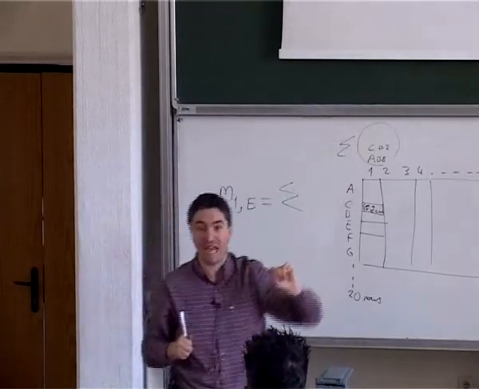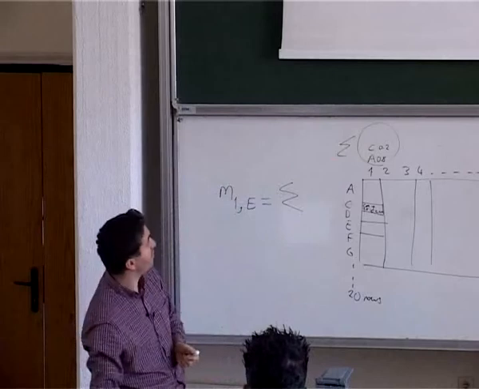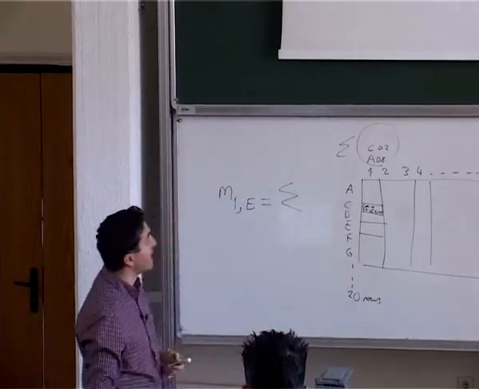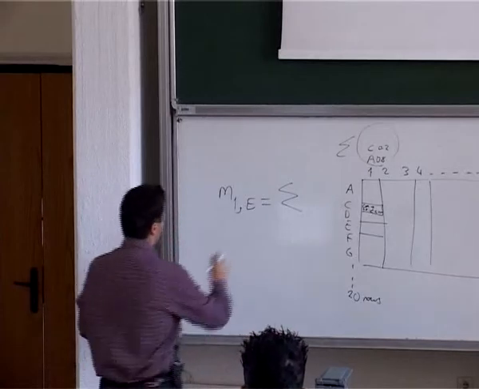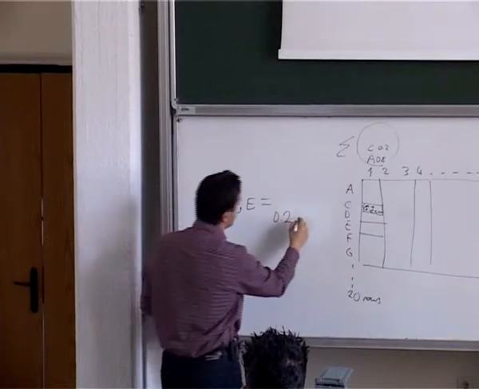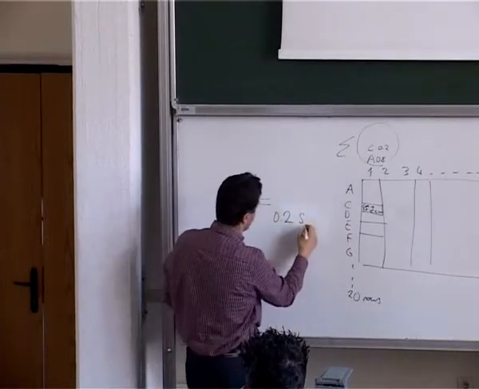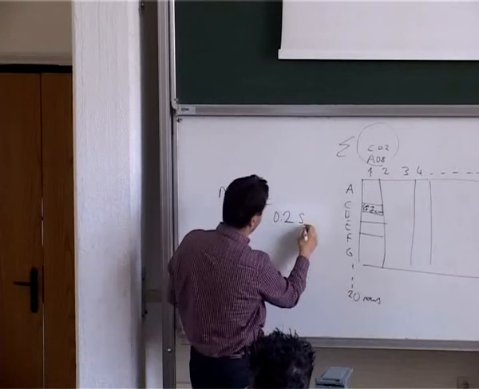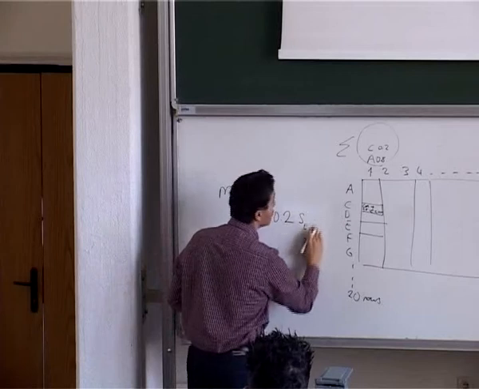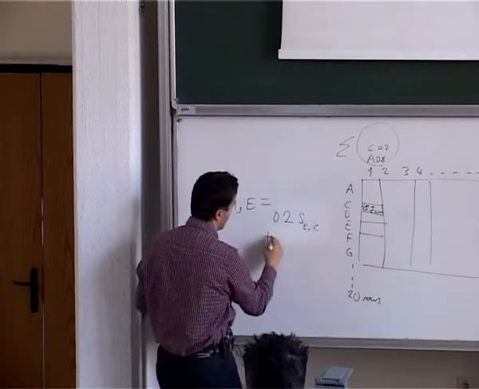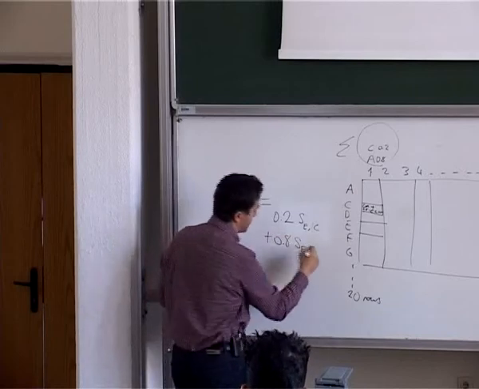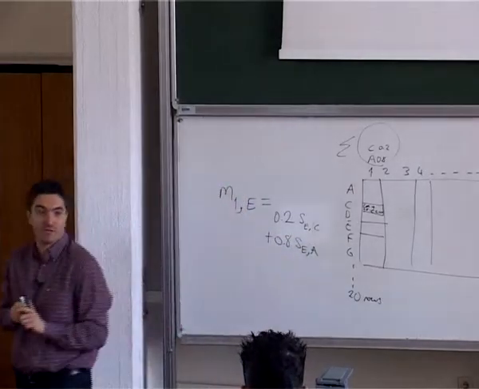They're not going to contribute anything to the score since they are 0. This summation term, they can be cancelled out. So what we are going to have at the end is 0.2 times the score of aligning E with C, 0.2 was the C, plus 0.8 times the score of aligning E with an A. Okay, so this is what we do.